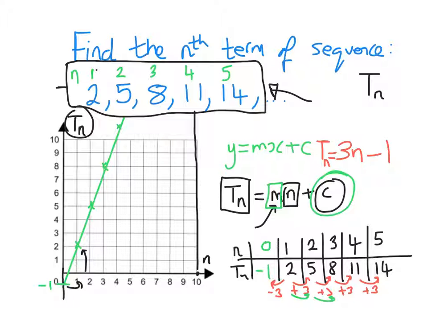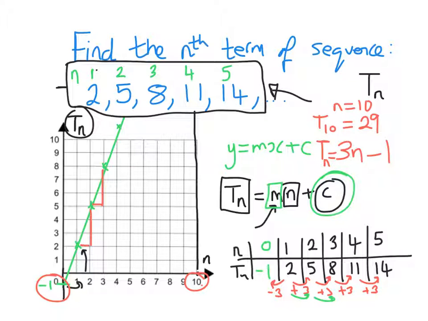That is because my gradient is 3. Every time I go across 1, I go up 3. Across 1, up 3. And it starts at -1. If I wanted to find my 10th term, I'd put n equals 10 in, and my 10th term would be 30 minus 1, which is 29.